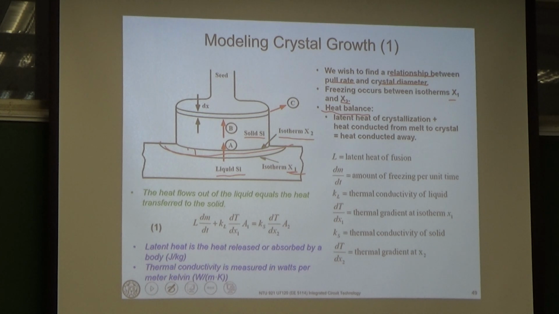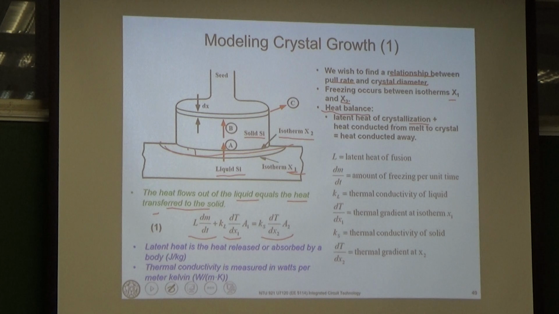Write down the heat balance in words: the latent heat of crystallization plus the heat conducted from melt to crystal equals the heat conducted away. Basically, heat flow out of the liquid equals the heat transfer to the solid. So we can write these three terms here.